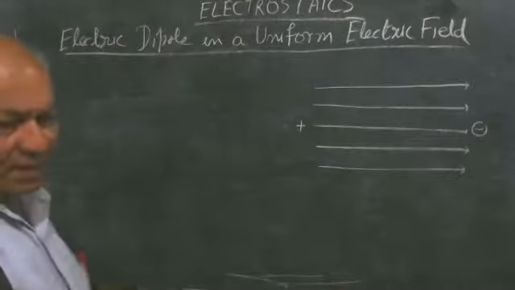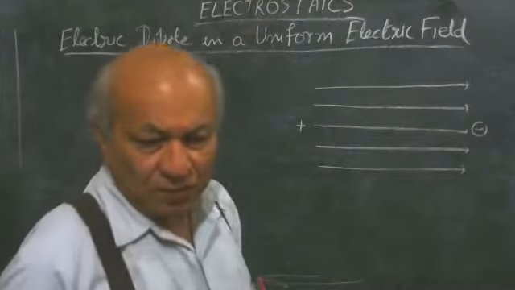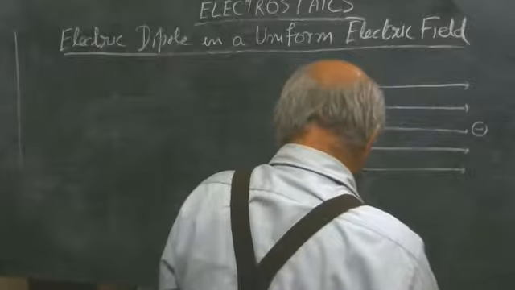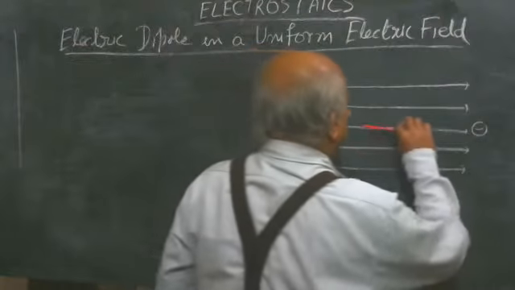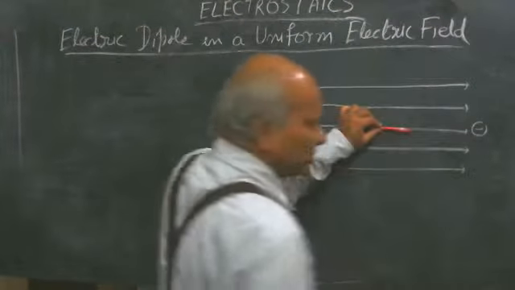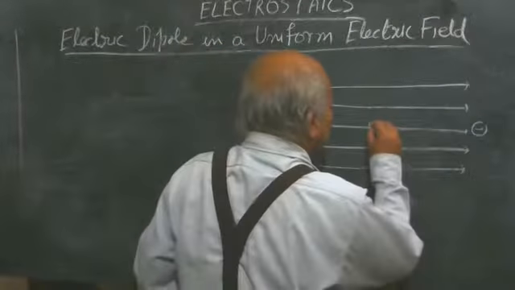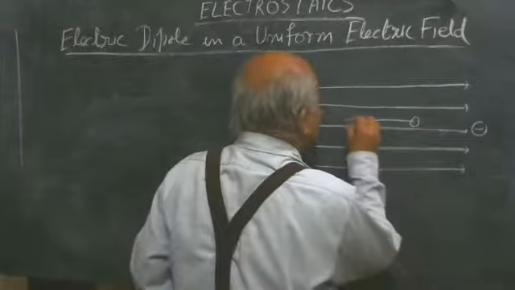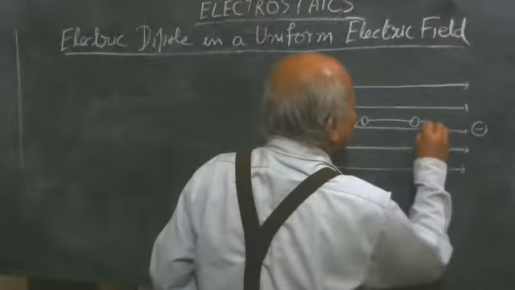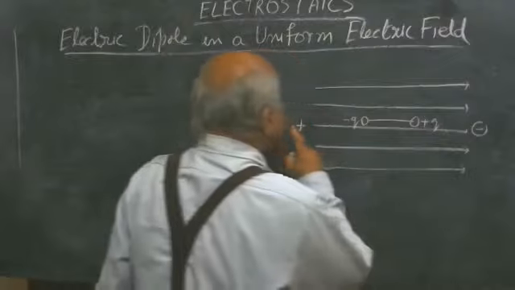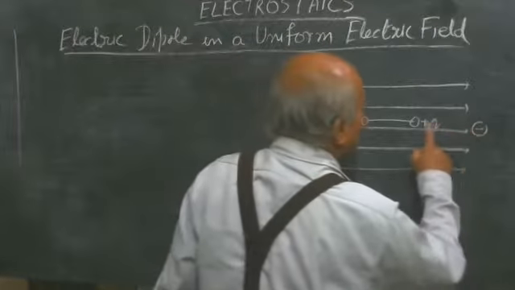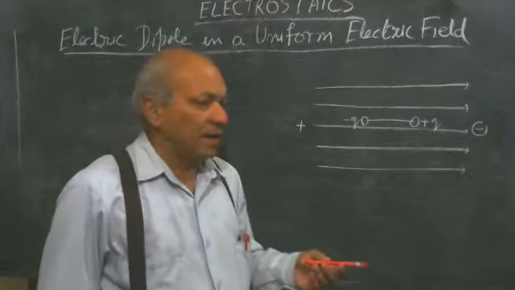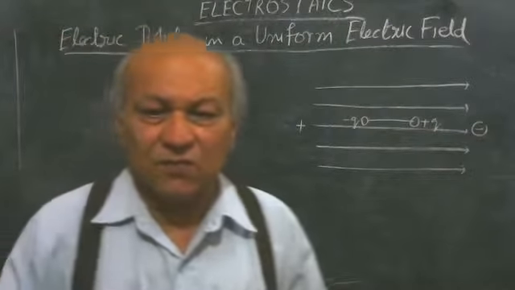If we place an electric dipole in this position, it will be stationary. This is minus Q and plus Q. Minus and plus attract, plus and minus attract. This will be a line parallel to the electric field.